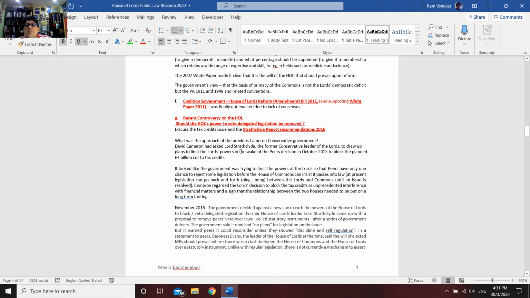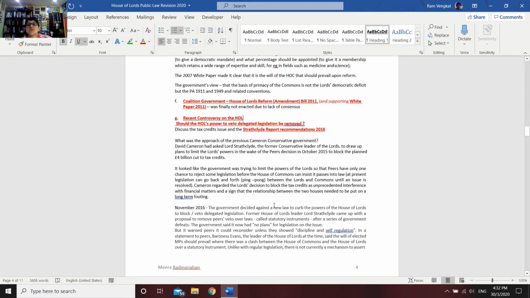That is only for primary legislation, isn't it? The veto power being removed. What about for secondary legislation? So this controversy highlighted a gap in the law, a lacuna, so to speak. So what happened was that the House of Lords did not want to give consent for delegated legislation. In a sense, that's exercising a veto power, isn't it? The government was forced to withdraw this legislation, and they were very upset about it.